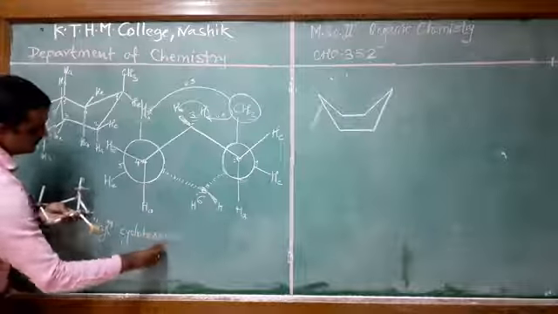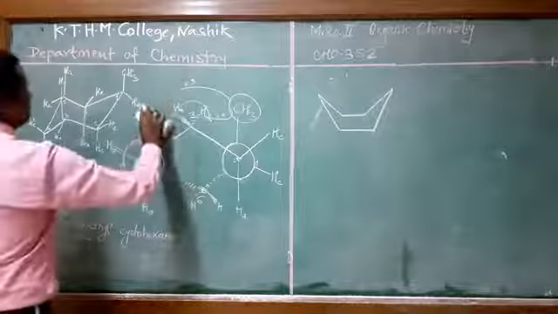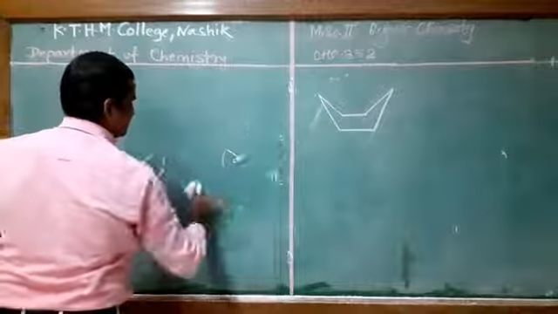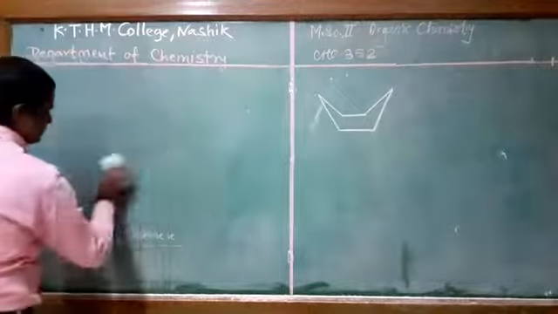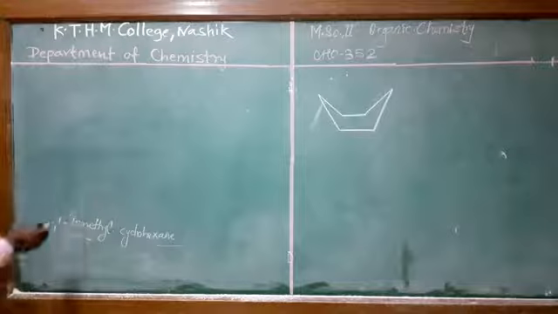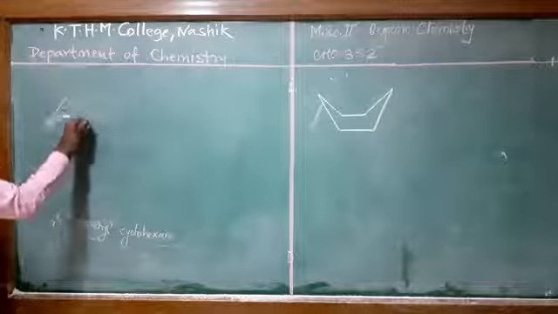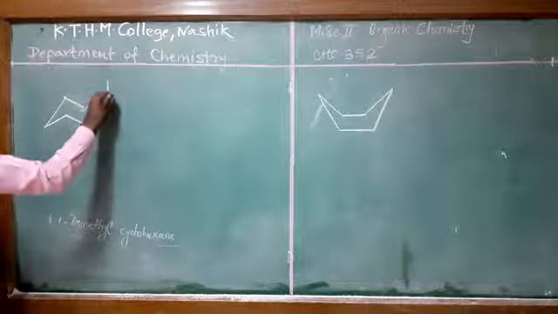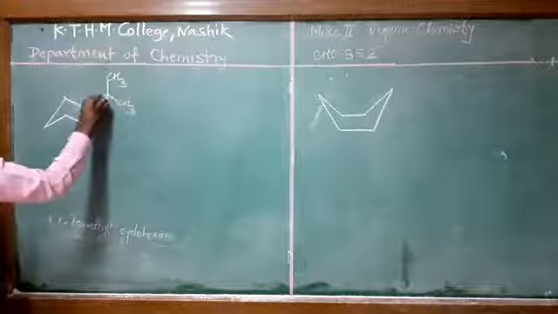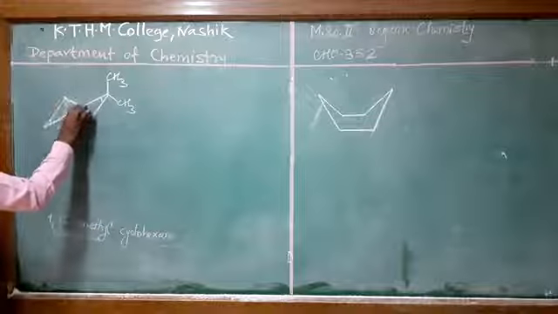For this molecule, 1,1-dimethylcyclohexane, I will draw the chair conformation and again draw the Newman's projection after that. So first of all, the chair conformation having these two substituents at one position, 1, 2, 3, 4, 5 and 6.